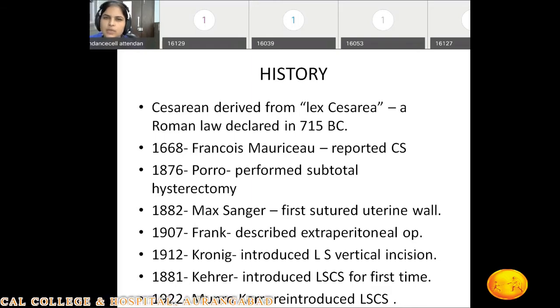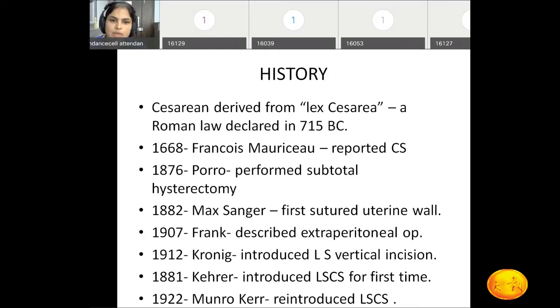So a short history of cesarean section. Obviously nothing has started today or yesterday; it has been a long time. Cesarean deliveries were performed during Roman law, in 1715 BC. The Romans used to perform perimortem or postmortem cesarean section just to save the baby.